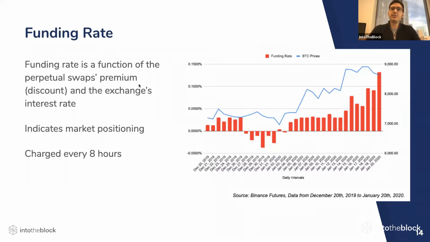Essentially, it's been an indicator that's closely followed in crypto, since it tracks how the market is positioning. If the funding rate is above 0, it means there are more people, more volume, should I say, being long on Bitcoin right now. It's definitely an indicator that we have been following closely here at Into the Block, and we will come up with some interesting indicators I'll talk about soon.